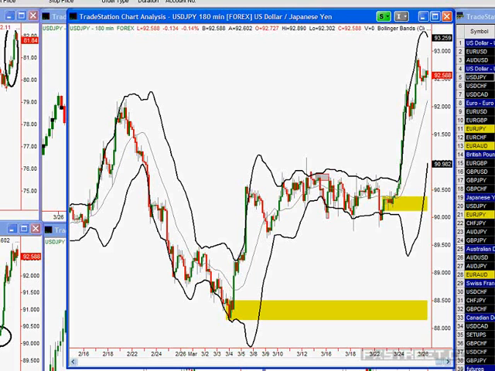Okay. Let's do the same thing in two other markets. All right, let's go to the pound. Let's get rid of some of these old lines. And let me blow up the pound here.